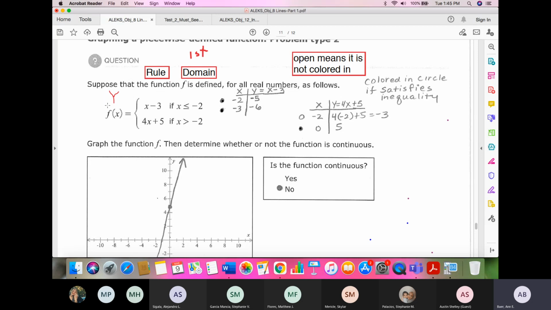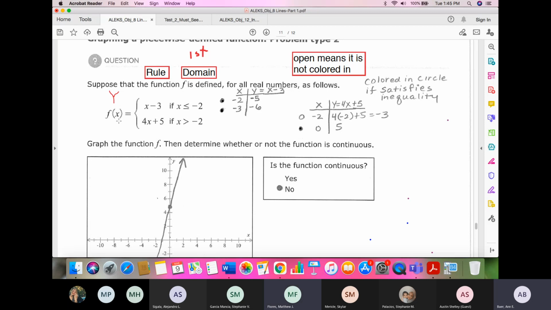So this f of x here represents the y coordinate. This is y equals x minus 3, but only for the x coordinates which are less than or equal to -2.